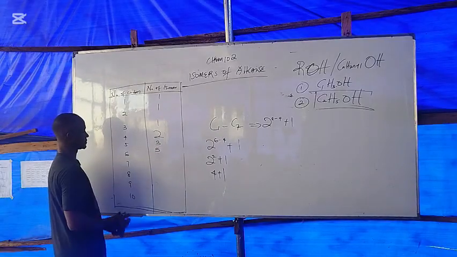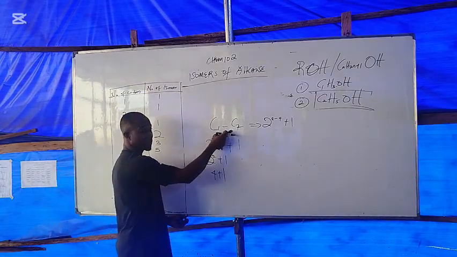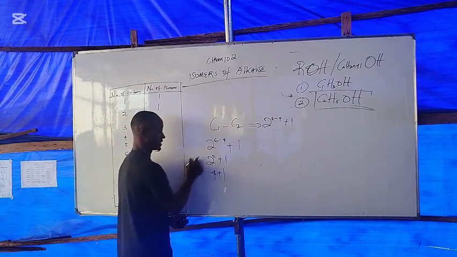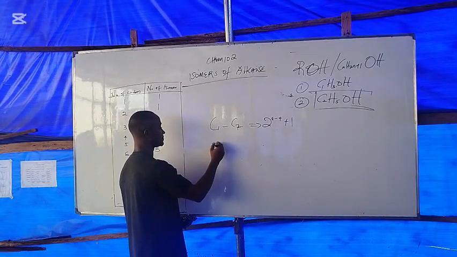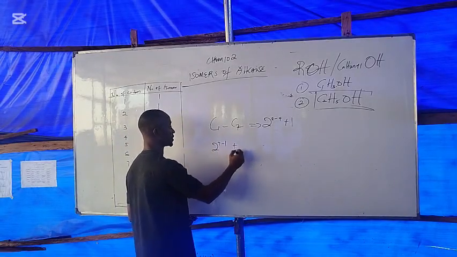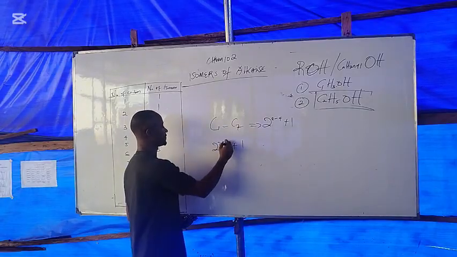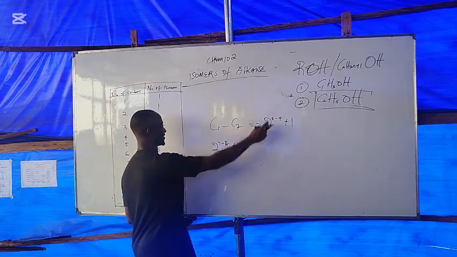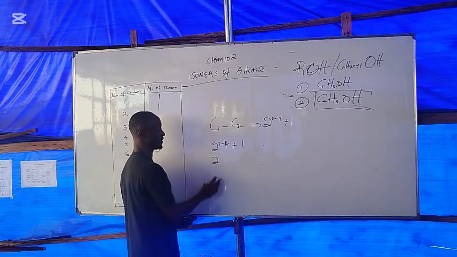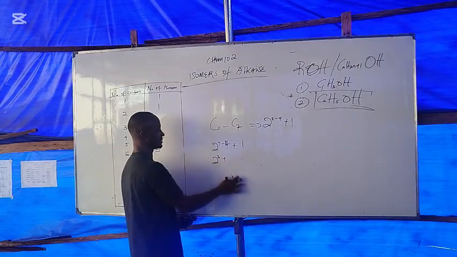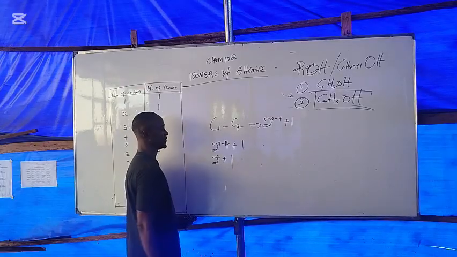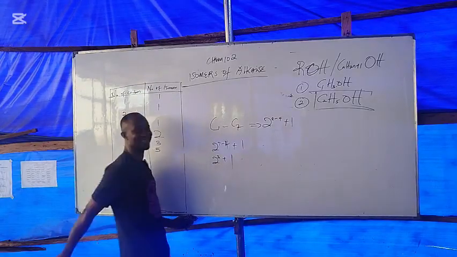What about 7? 7 still falls from carbon 1 to 7, the same formula: 2 raised to 7 minus 4 plus 1, that gives 2 raised to 3 plus 1. 2 raised to 3 is 8. 8 plus 1 is what?